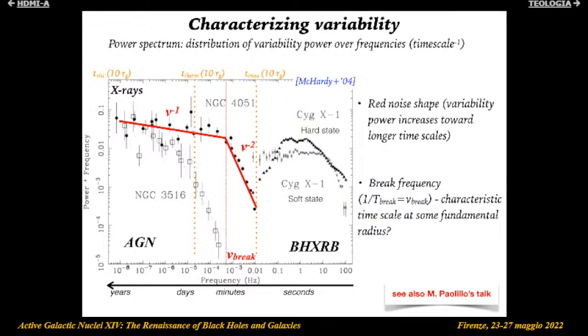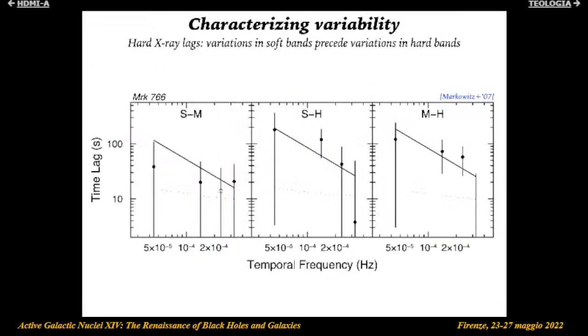And what we see in general is a lot of analogy. This, for example, shows how the high frequency part of the power spectrum in AGN looks pretty much like the high frequency part of the power spectrum seen in black hole binaries. And this is telling us that probably the variability process is the same in both sources.